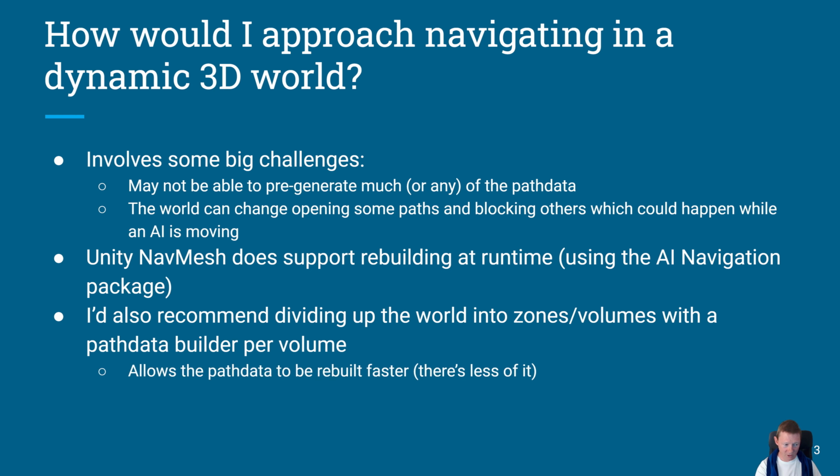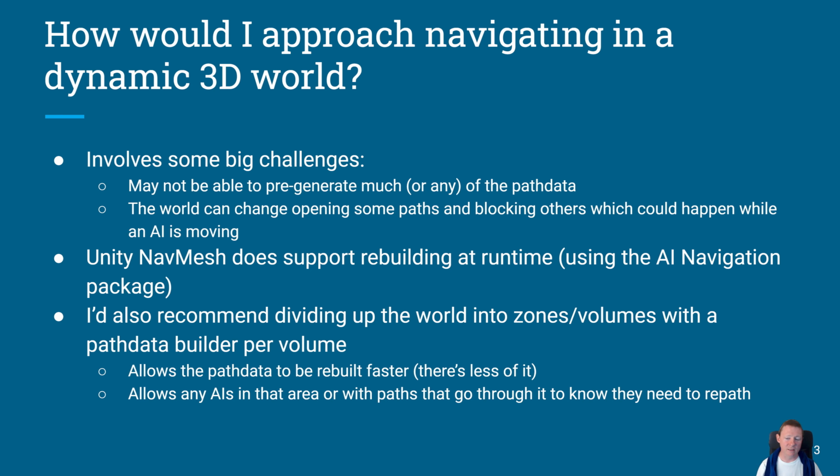And if you've got the little volumes, you can do those things in the background. So it does require infrastructure to be set up. It's not something that out of the box is going to work with Unity NavMesh, but it is an option there.